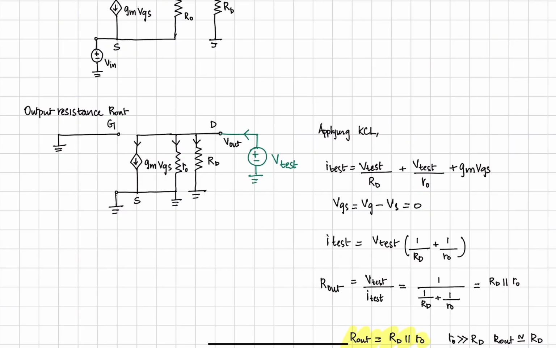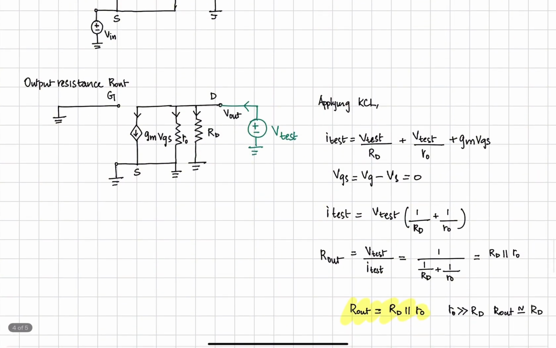I test can be derived as V test into 1 divided by RD plus 1 divided by RO. By rearranging these terms, we get that Rout is equal to RD parallel to RO. And mostly in cases where RO is much greater than RD, Rout is almost equivalent to RD, which is similar to the common gate amplifier without an internal output resistance.